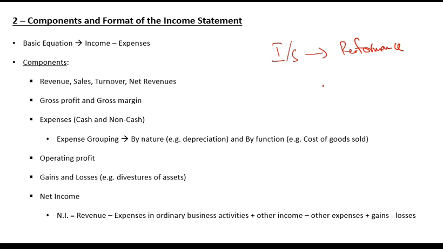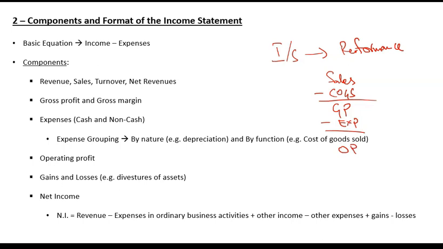What are the major components? It starts with sales, that is also called turnover, net revenues or revenues. Then you have cost of goods sold. Once you subtract cost of goods sold from sales, you have gross profit, and you subtract operating expenses from gross profit.